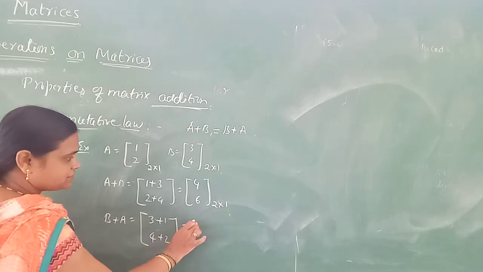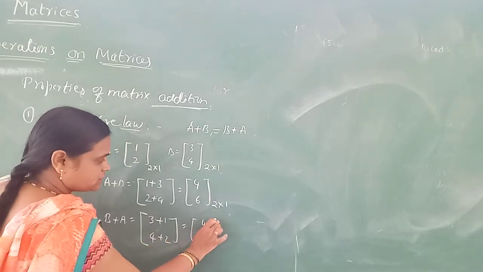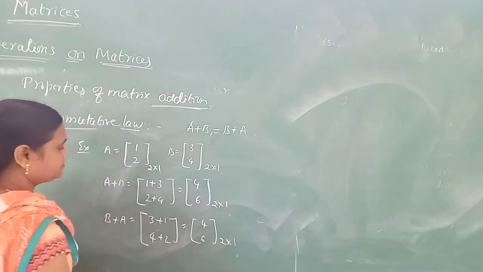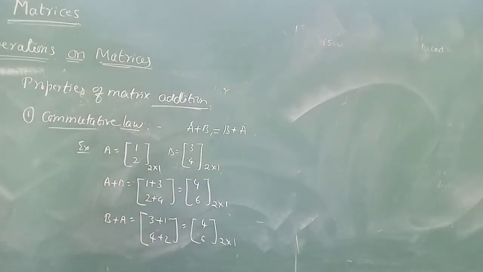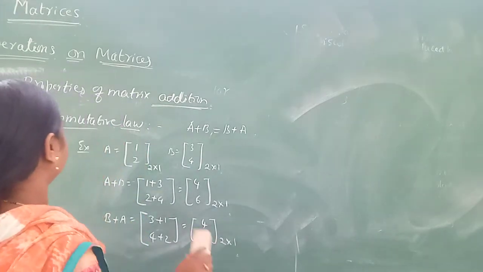What do we get? 4, 6. Same order. So A plus B equals B plus A. Therefore, remember that the commutative law holds good for matrices. Similarly, the second one.